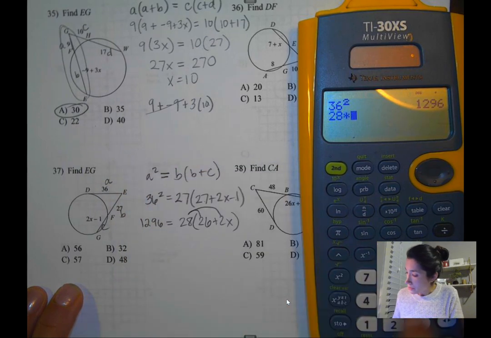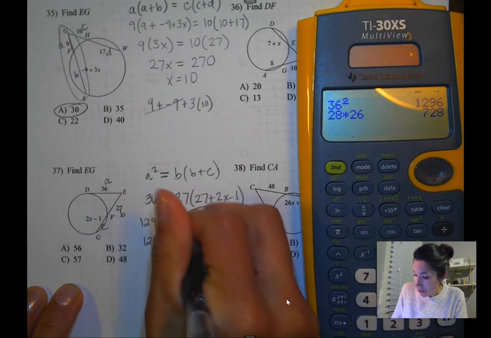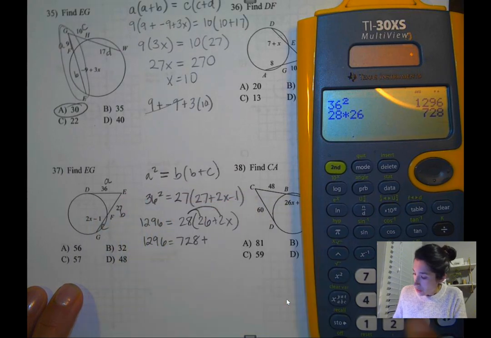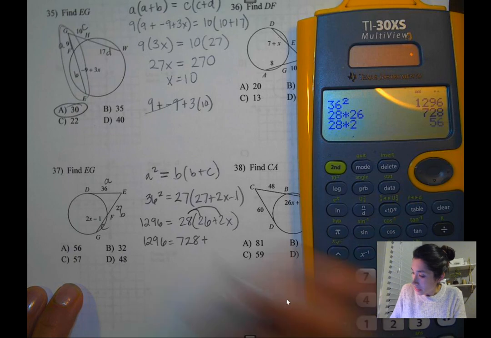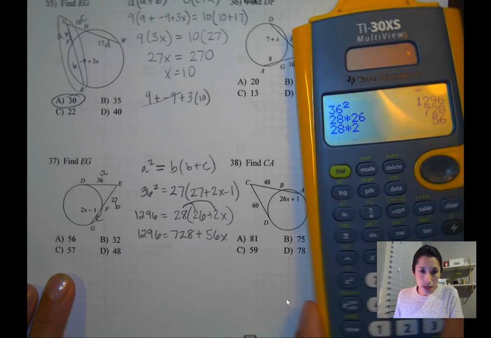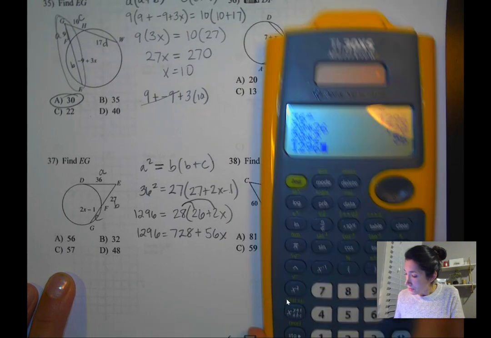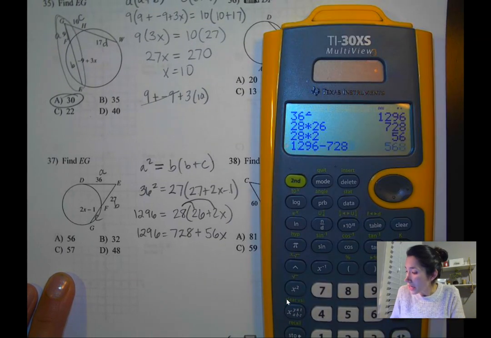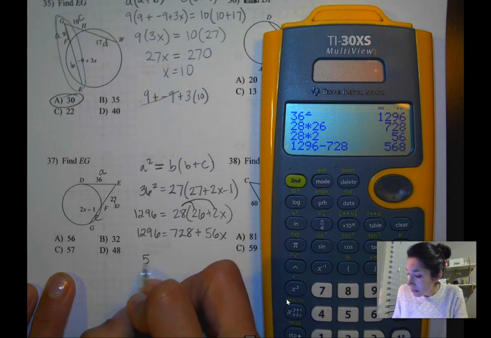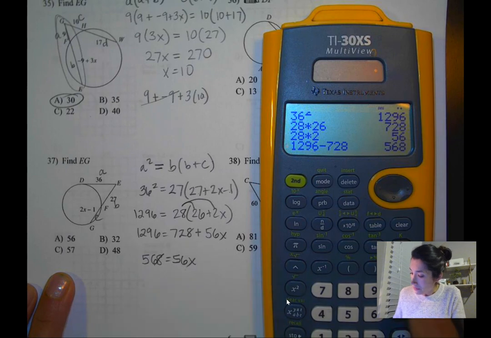So 28 times 26, 728 plus 28 times 2 is what, 56x. And then we're just getting x by itself, so we can subtract 728 on both sides. And then we could divide by 56.